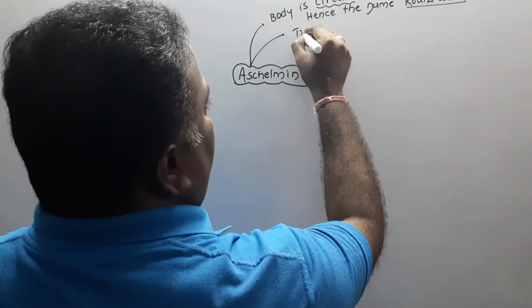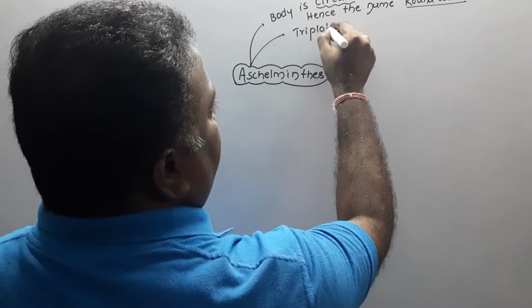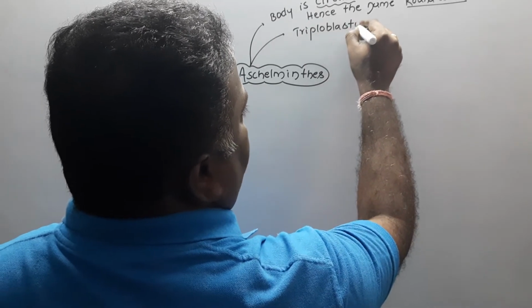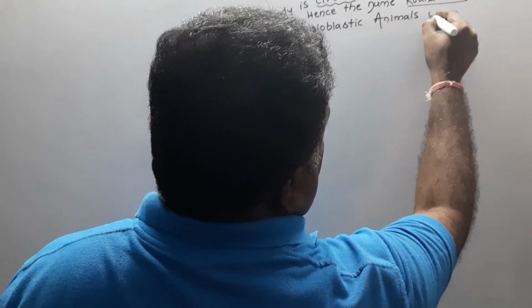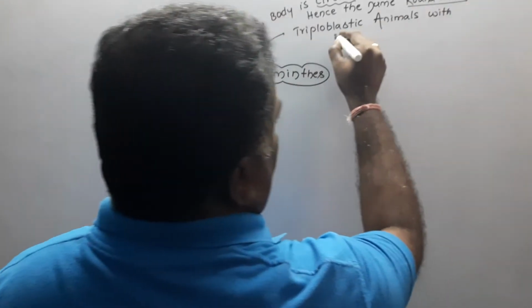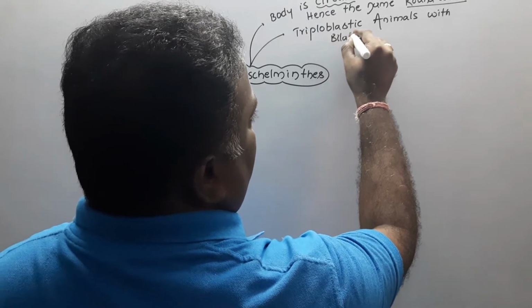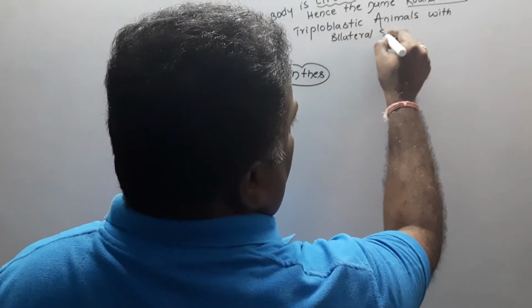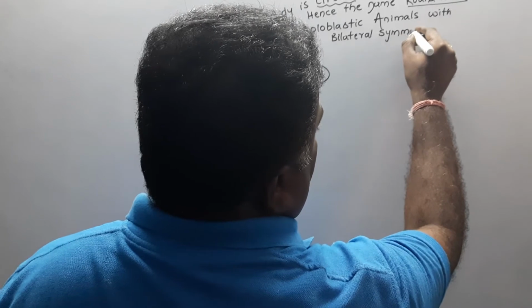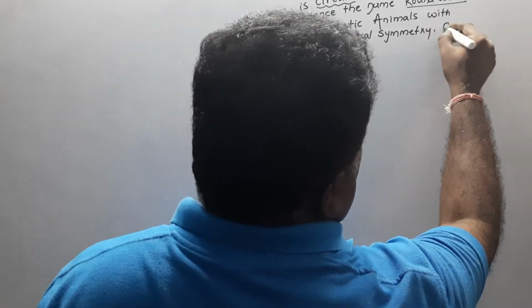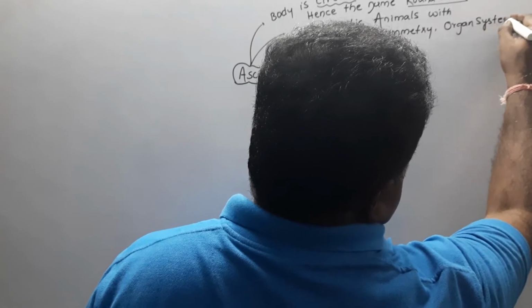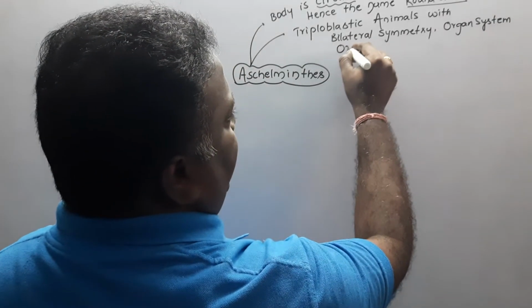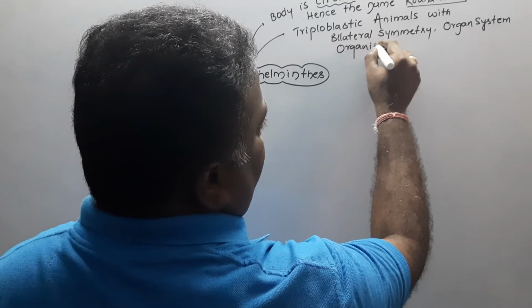And these are triploblastic animals. Everybody knows this. And all triploblastic animals show which type of symmetry? Bilateral symmetry. And all triploblastic animals show organ system grade organization.